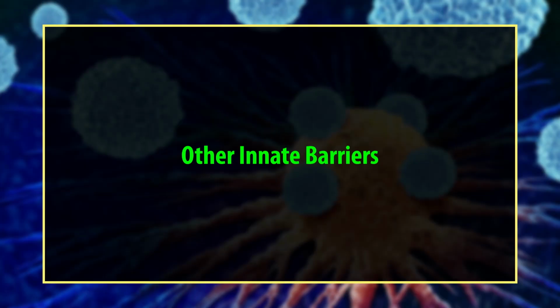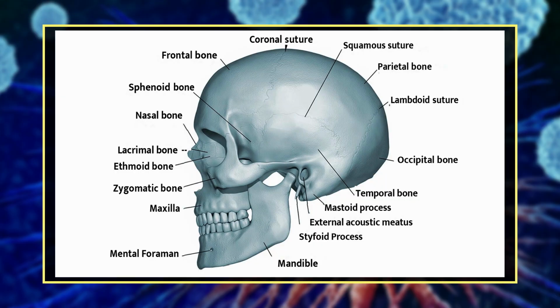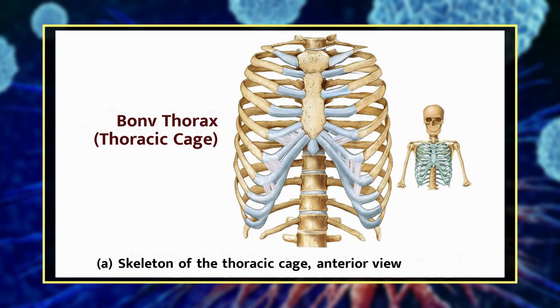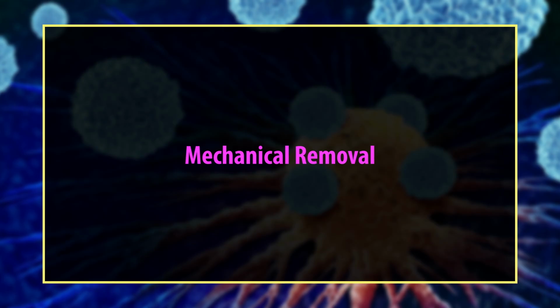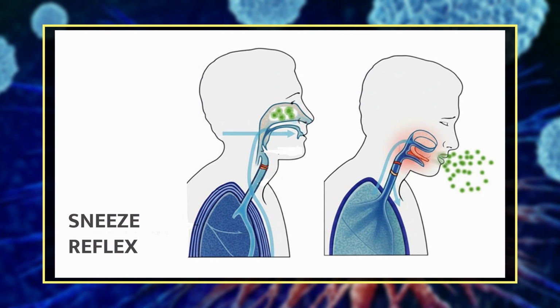Last are the other innate barriers, the bony encasements. Bony encasements such as the skull and the thoracic cage protect the vital organs from injury and the entry of microbes. Mechanical removal. The process of physically flushing the microbes from the body includes the cough and the sneeze reflex, which remove the mucus and trapped microbes.